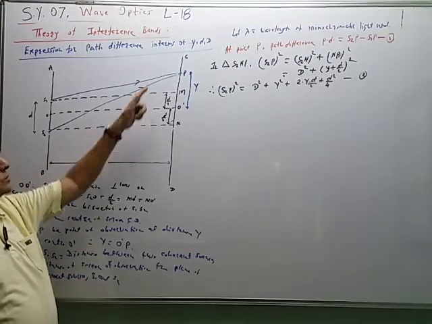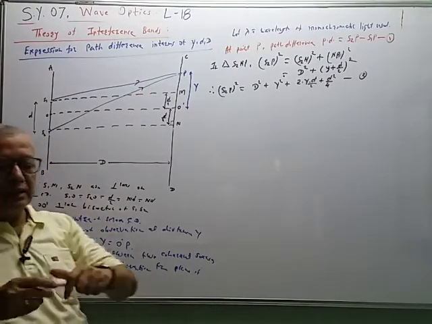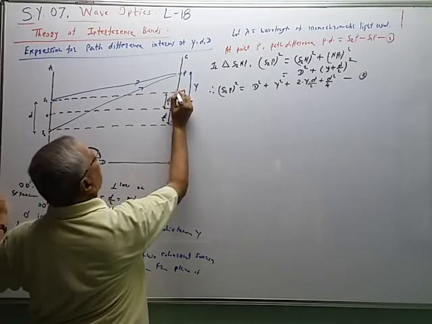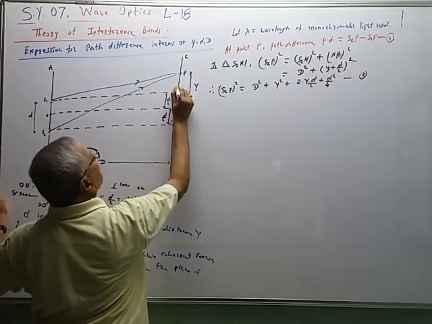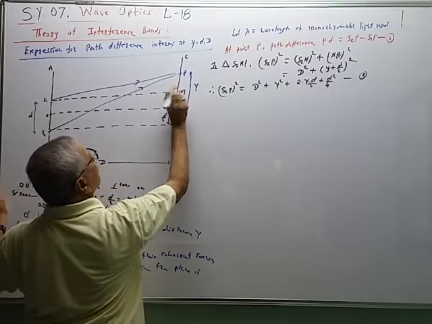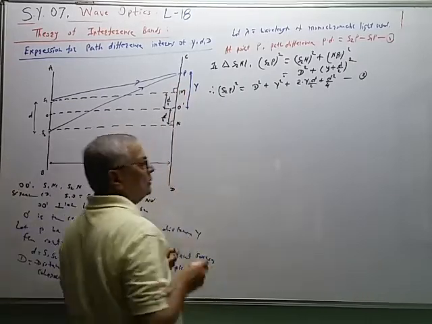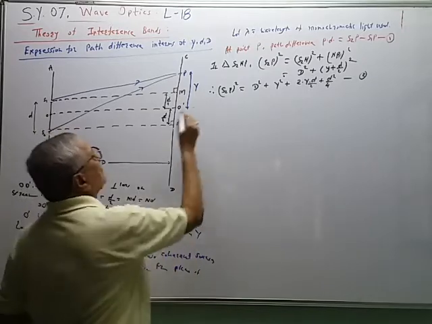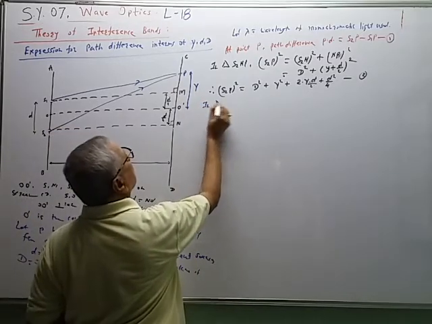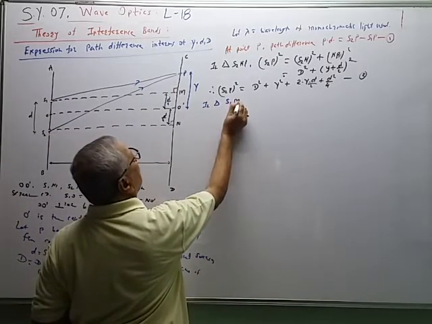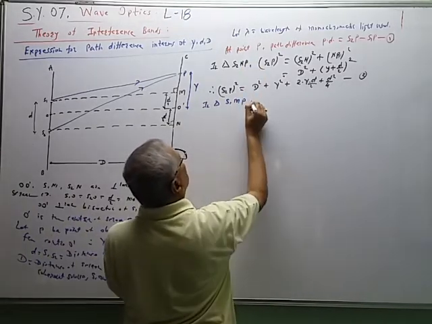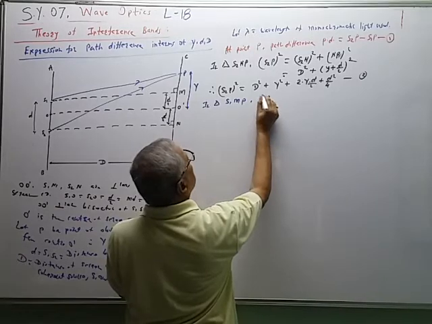Now consider this upper right angle triangle S1MP. This angle is also 90 degrees, so this is also a right angle triangle. In triangle S1MP, again we will use the Pythagoras theorem.